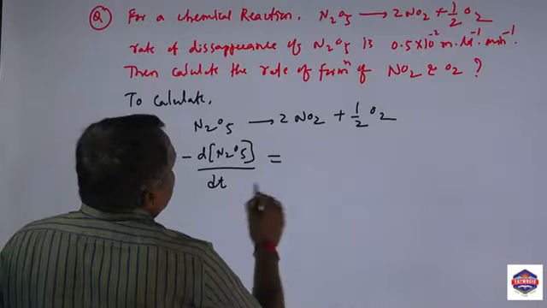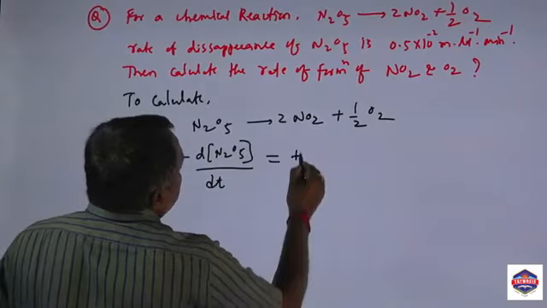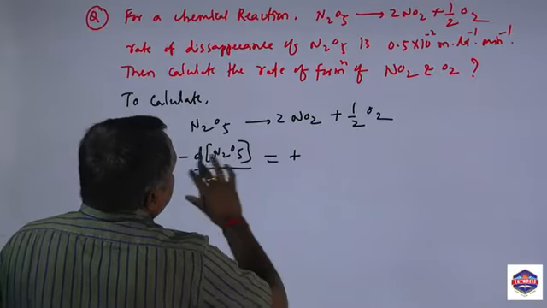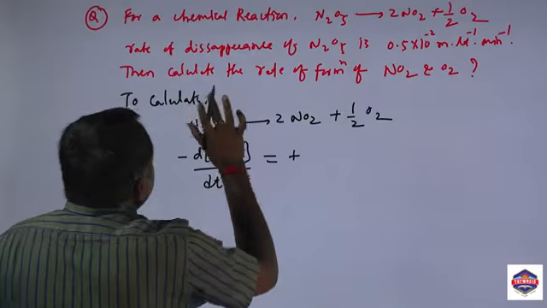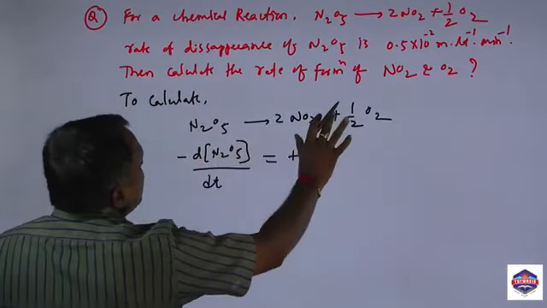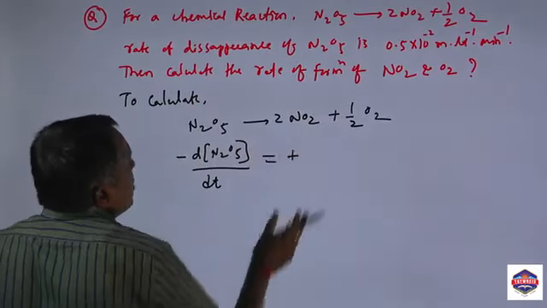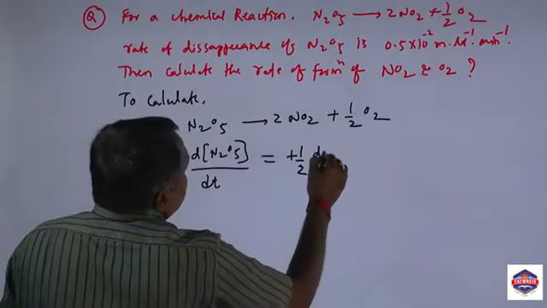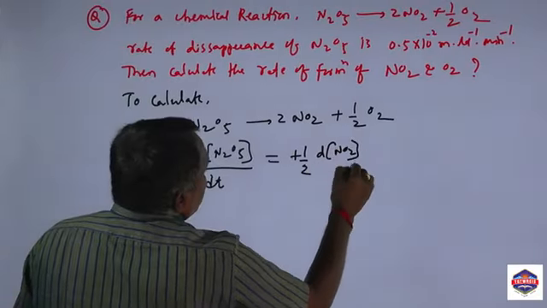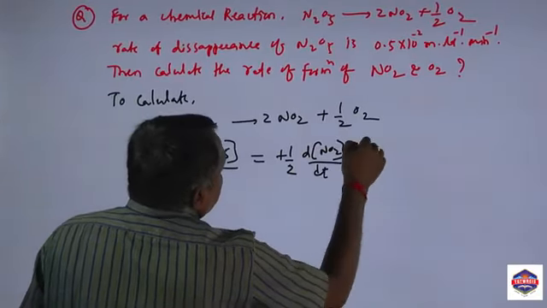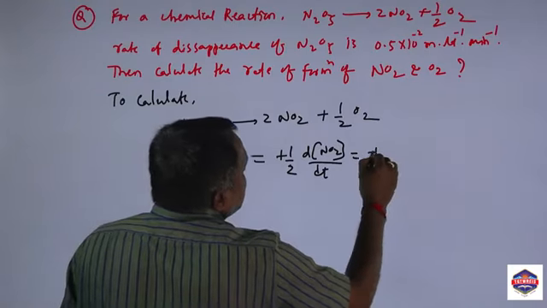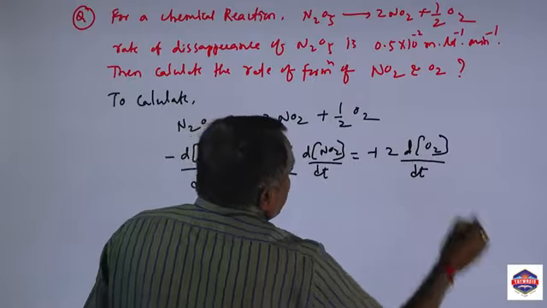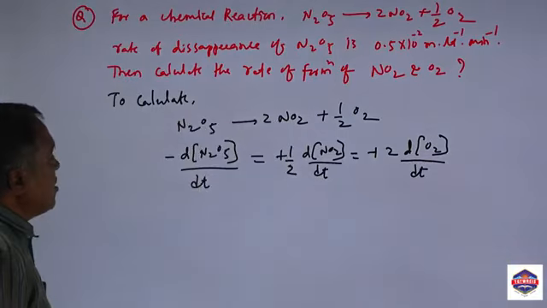NO2 is the product, so we place a positive sign, and here there are 2 moles, so 1 mole of N2O5 corresponds to 2 moles of NO2, that's why we take the reciprocal: 1 by 2 dNO2 by dt, equal to plus 2 dO2 by dt. These are the stoichiometric rate equalizations.